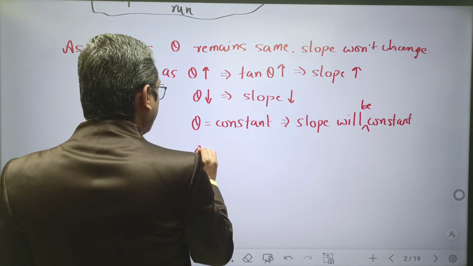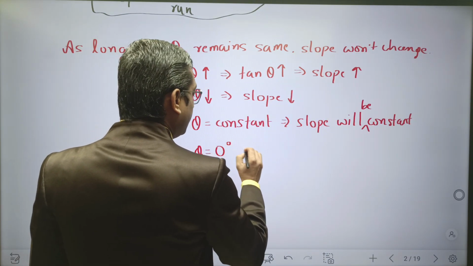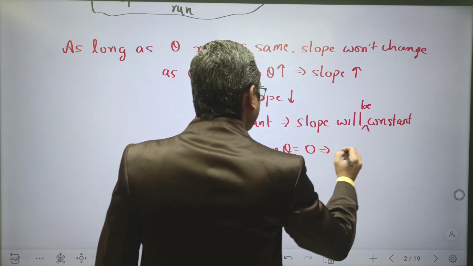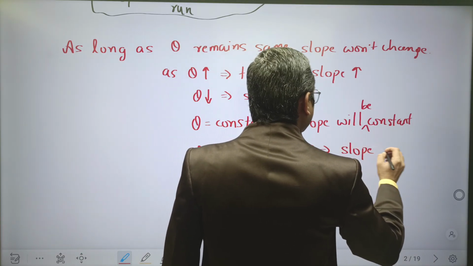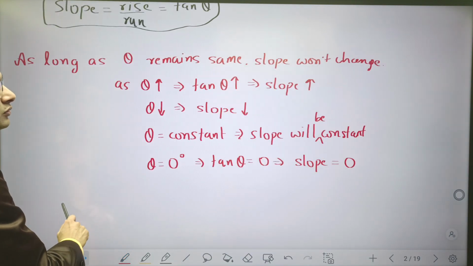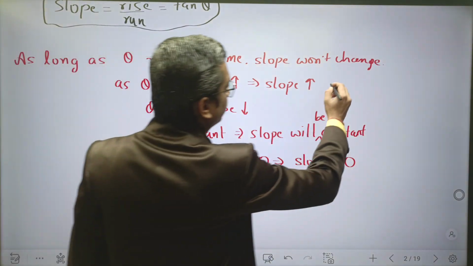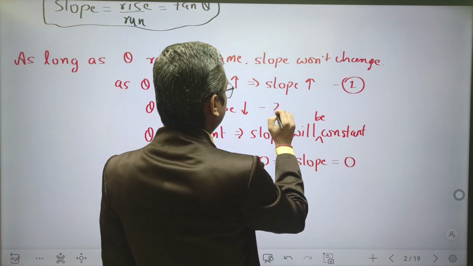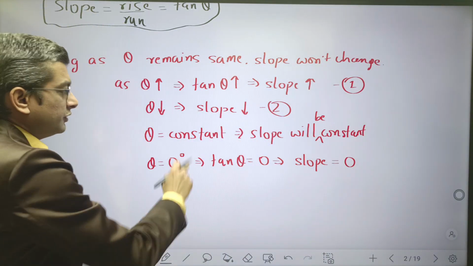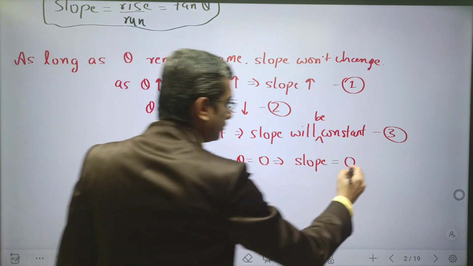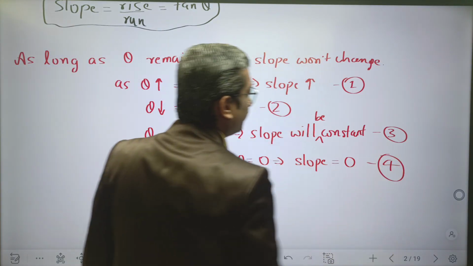And as theta is equal to 0 degree, it means that tan theta is equal to 0. It means that slope is equal to 0. Are you getting? So let us suppose this is case 1, this is case 2, decreasing theta, theta is equal to constant, case 3, and theta is equal to 0, that is case number 4.